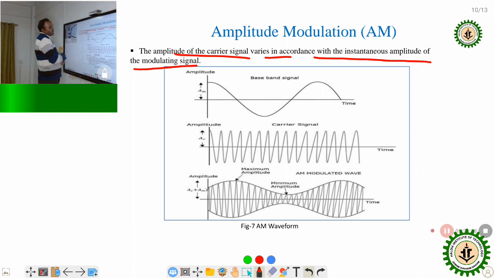That means if you have this message signal, which is called the baseband signal, and you use this carrier to transmit this message, then after amplitude modulation, the amplitude of this carrier is varied according to the instantaneous amplitude of the message signal. So that is the point you have to remember for the amplitude modulation technique. Whatever the message amplitude is, the envelope of your carrier signal varies accordingly.